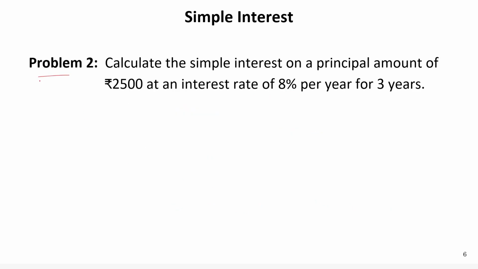Let's see problem number 2. Calculate the simple interest on a principal amount of 2500 at an interest rate of 8% per year for 3 years. So for 3 years at an interest rate of 8%, the principal amount is 2500. How do we calculate the simple interest? We already know the formula, SI is equal to PRT by 100, when the rate is in percentage form.